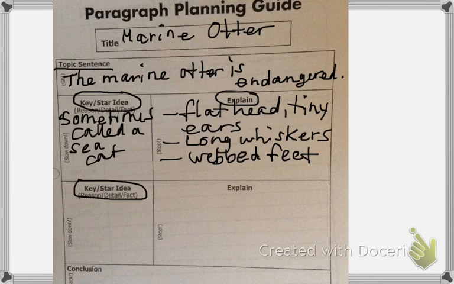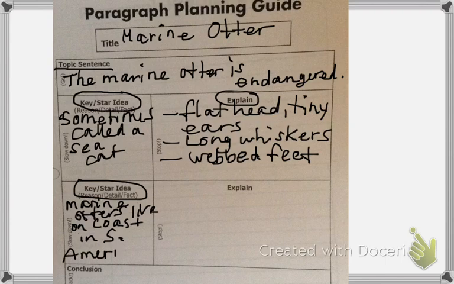So I'm going to say marine otters live on coast in South America. Okay, and now that will be my yellow. That's what we highlighted in class in yellow.